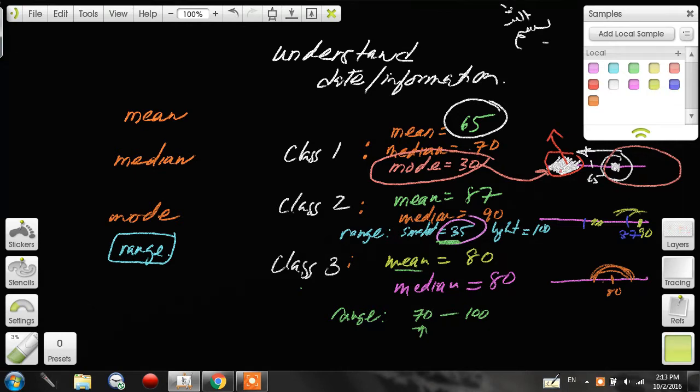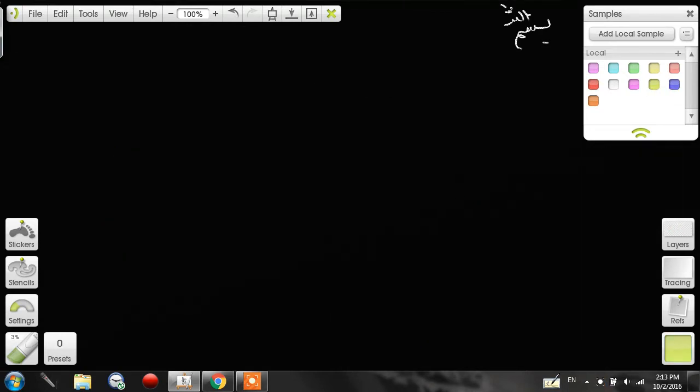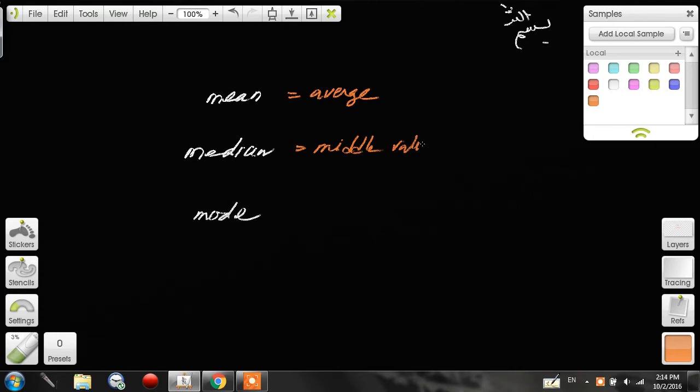So, in summary, we use the mean, median, and mode. The mean being the average, the median being the middle value, and the mode being the most common value, and the range, the smallest to the largest value, the difference.